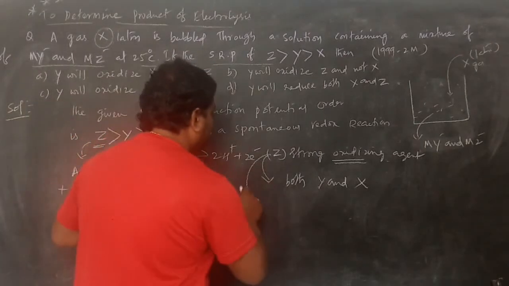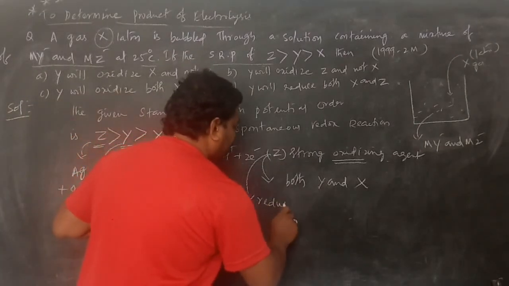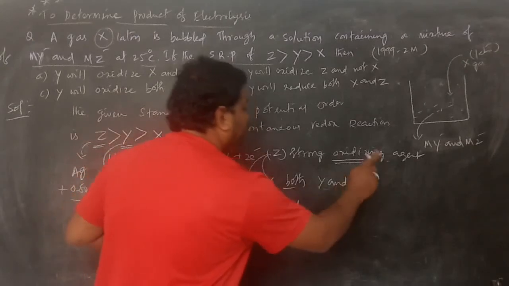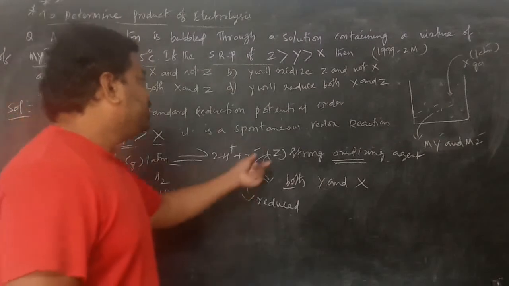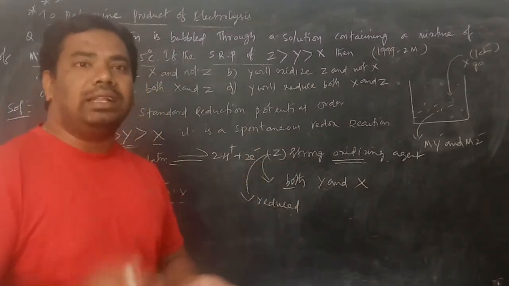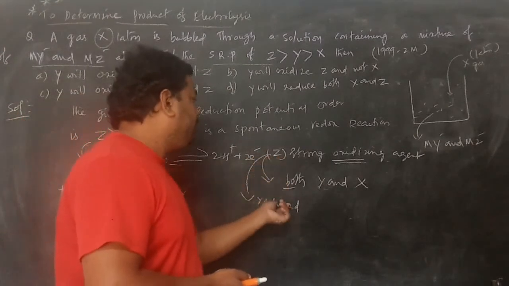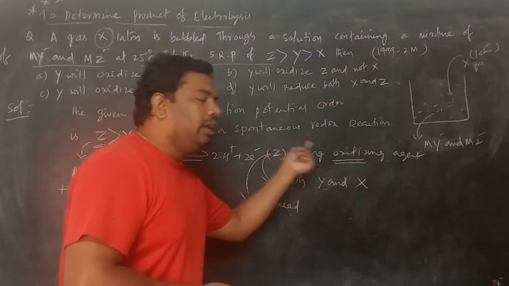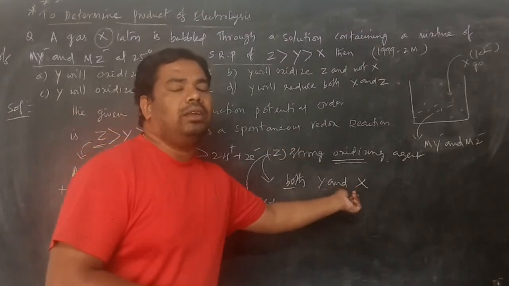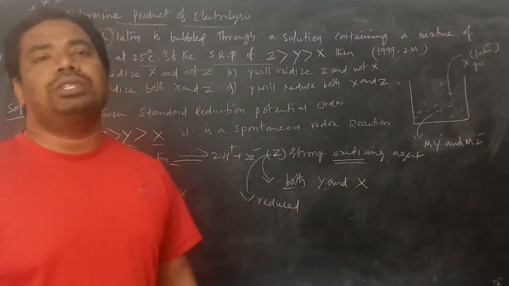Z is reduced, and both Y and X undergo oxidation. Since Z's reduction potential is higher, it cannot be oxidized; it is reduced, and it oxidizes the remaining Y and X.